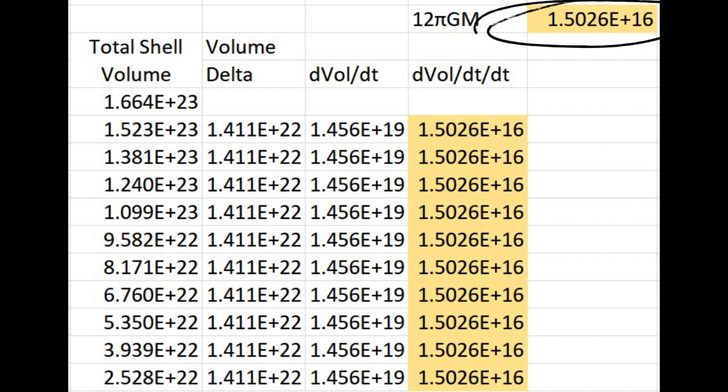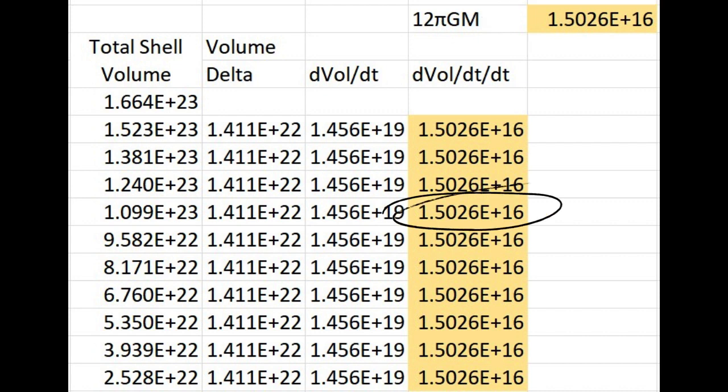And that's exactly what we saw. The table I did earlier from that cube drop experiment, if we divide by time twice, that's a change in volume per time, that's exactly what 12 pi GM is. So it matches the experiment we had.